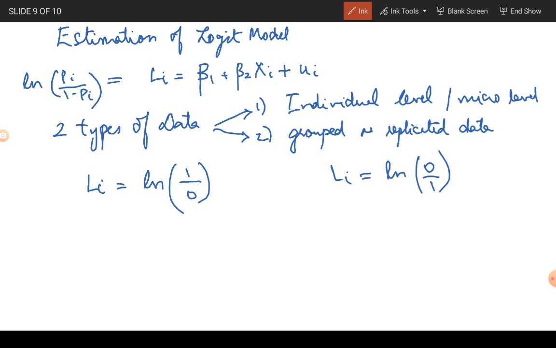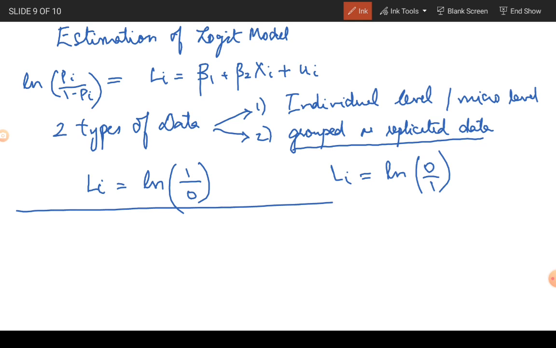So if you want to estimate the logit model, rather than individual level data, what we need is the second type of data, which is called the grouped or replicated data. So in the grouped or replicated data, we will have a large number of families belonging to the same income level or group.